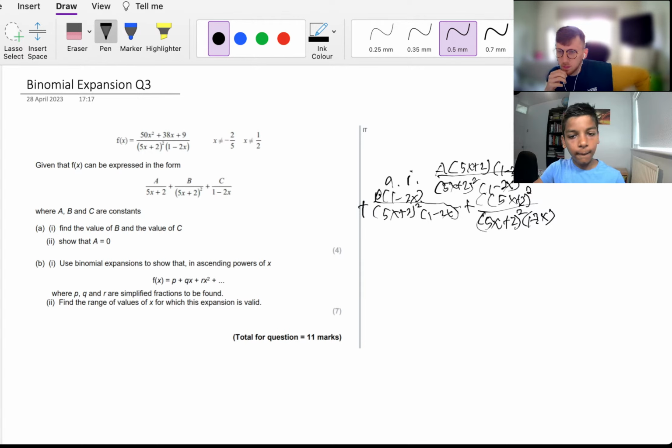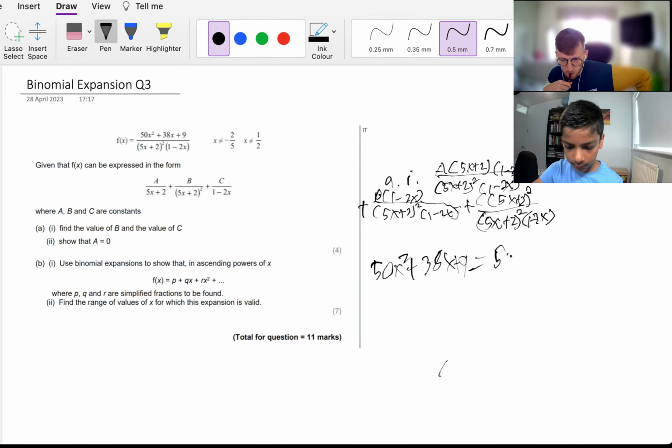So then, if that's the same as 50x squared plus 38x plus 9, it's 5x plus 2 times 1 minus 2x. Good.